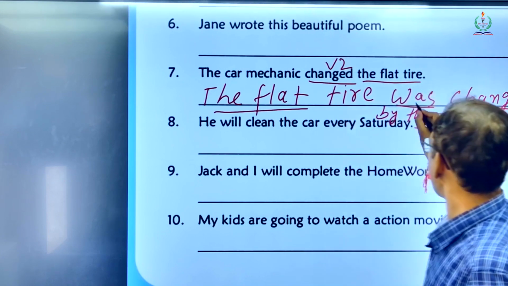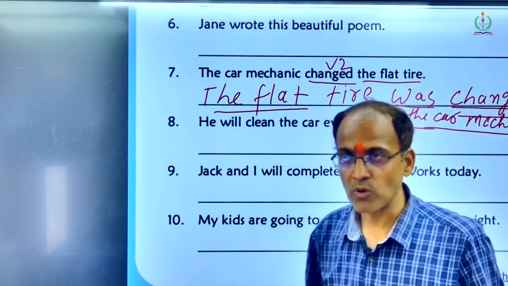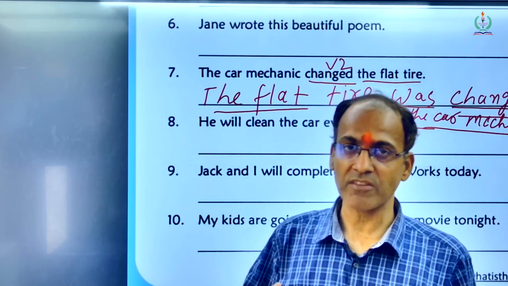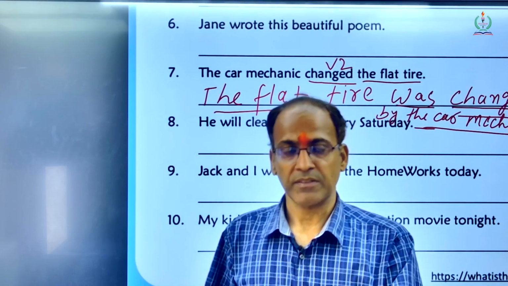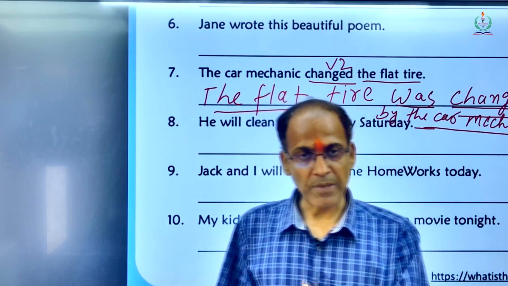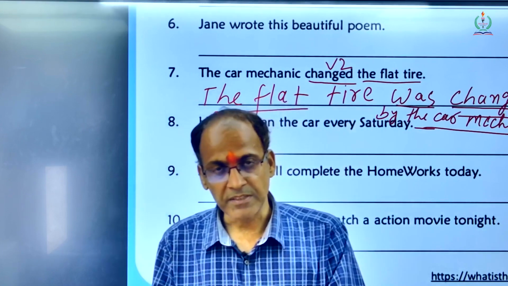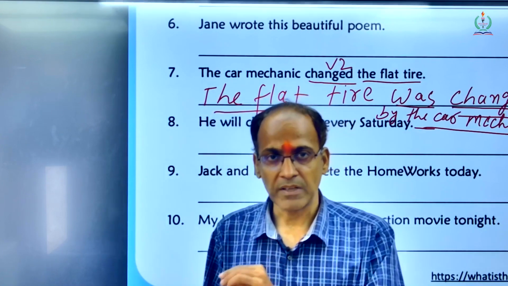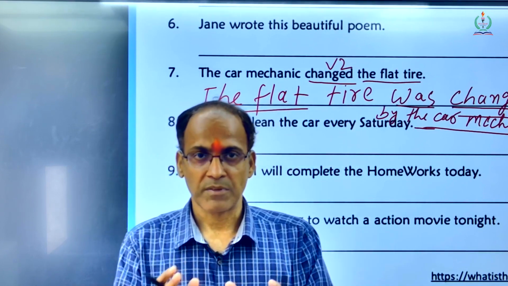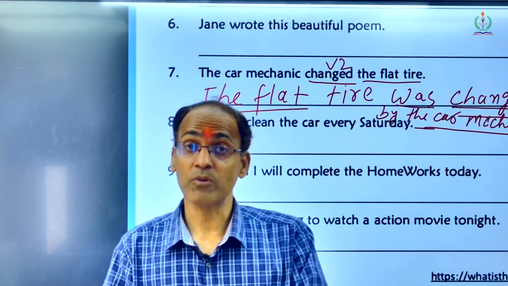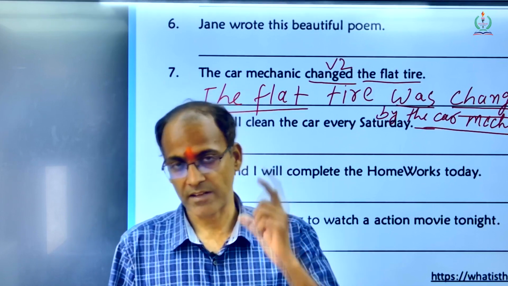So, here was has to be there by the rule, because the basic structure of a passive voice sentence is object plus helping verb plus V3 plus by plus subject. So, helping verb has to be there, and the tense of the helping verb depends upon the tense of the verb in active voice sentence.